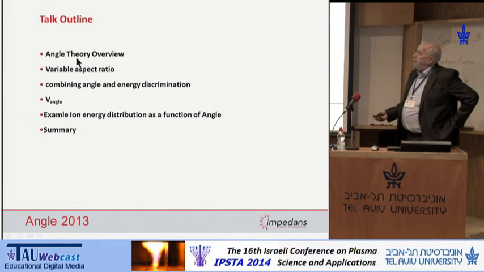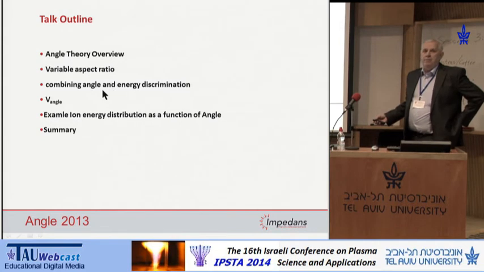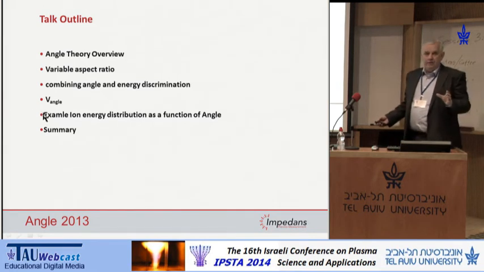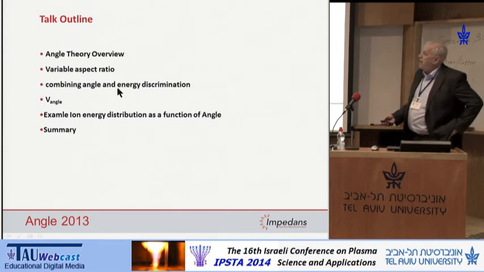So the talk then, I want to introduce the idea of angle and how we intend to try and measure the angle of ions arriving at a surface. Introduce the concept of a variable aspect ratio, how you can have an aperture with a variable aspect ratio that can discriminate the angle of the ions arriving.